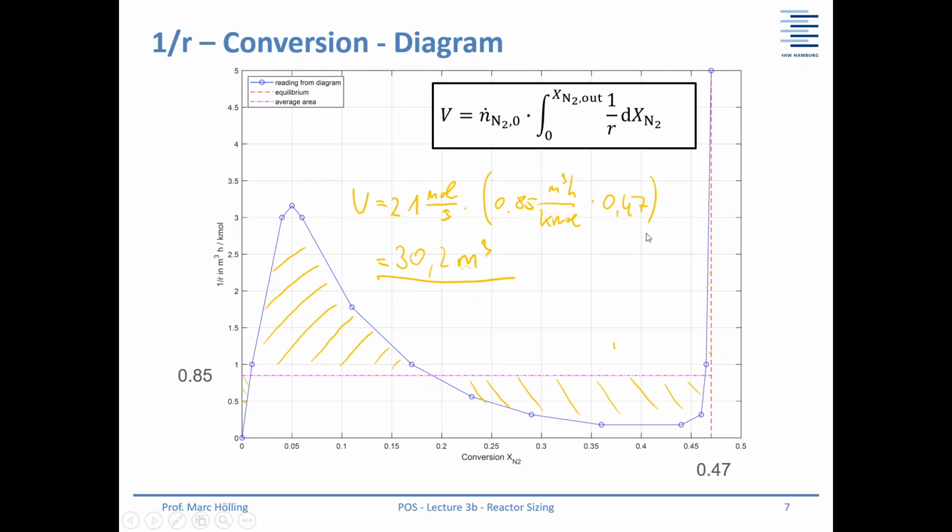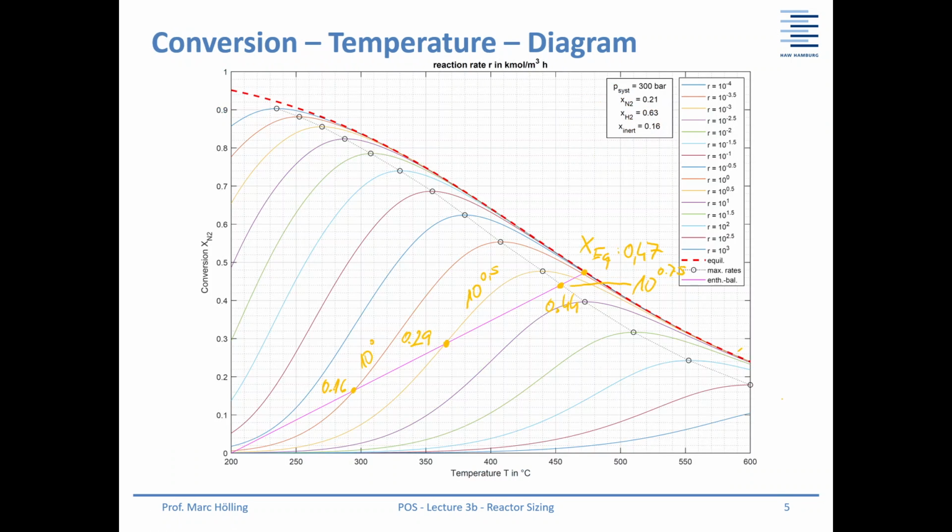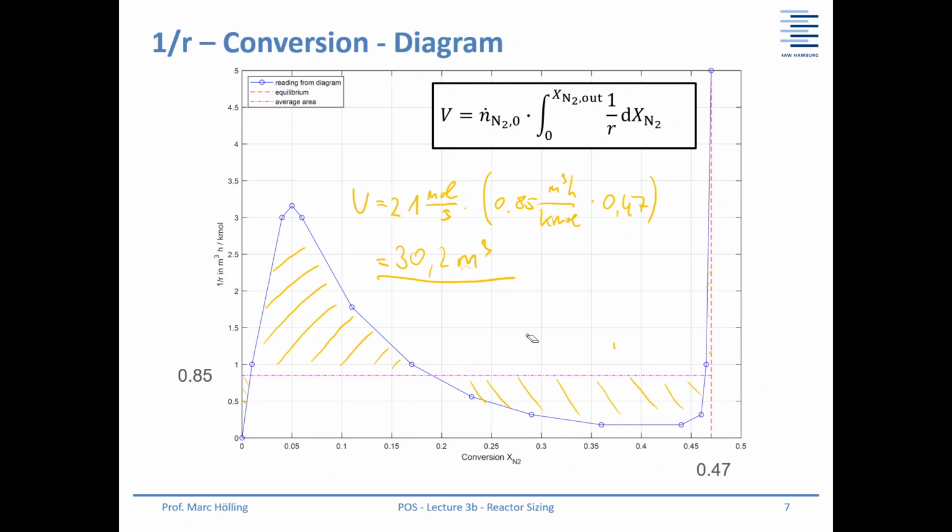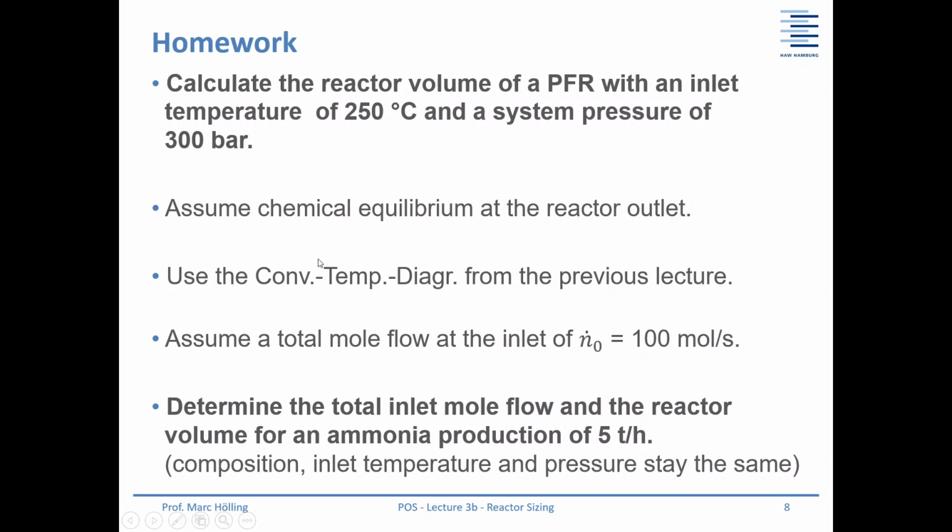This means you have to go to this diagram, draw the new line that might look like this until we reach equilibrium. So I remove it again, and then you have to create the table with the reaction rate and the inverted reaction rate, and then by the diagram you can judge the area of this new curve.